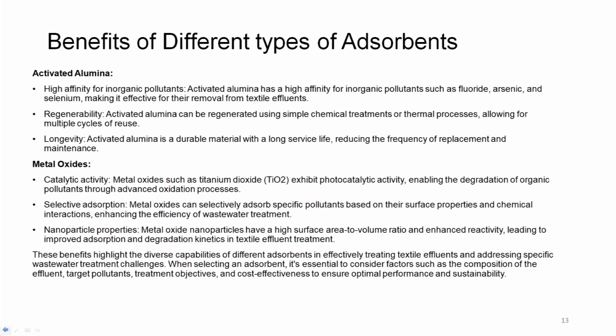These benefits highlight the diverse capabilities of different adsorbents in effectively treating textile effluent and addressing specific wastewater treatment challenges. When selecting an adsorbent, it is essential to consider factors such as the composition of the effluent, target pollutants, treatment objective and cost effectiveness to ensure optimal performance, sustainability and feasibility.